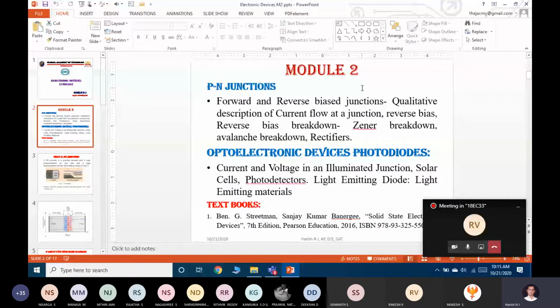Now, can you say that the particular diode will be performing in the forward bias condition? Is it possible to conclude like this? What is the criteria for turning on, or making the forward bias condition of a PN junction diode? If you keep V equal to 0.1 volt, is it enough to turn on the diode?